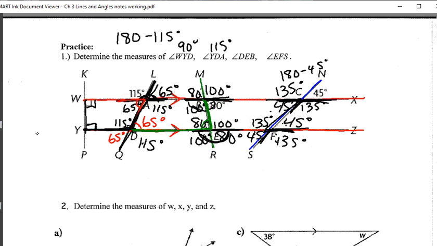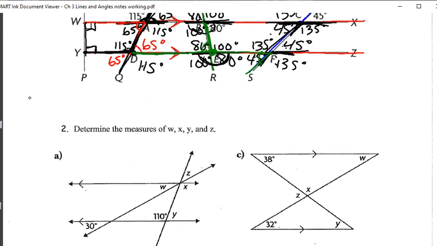D to E to B, 80 degrees. And E to F to S. Well, there's E to F to S is 45 degrees. So all kinds of relations happening there because of parallels and transversals.